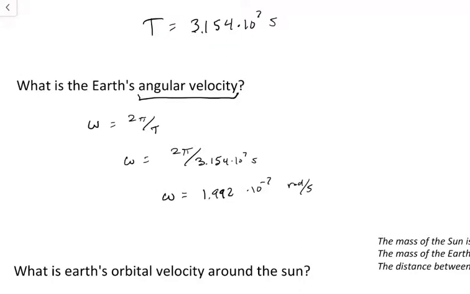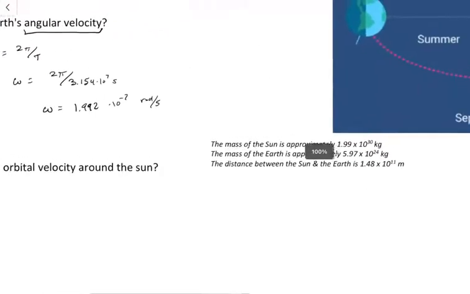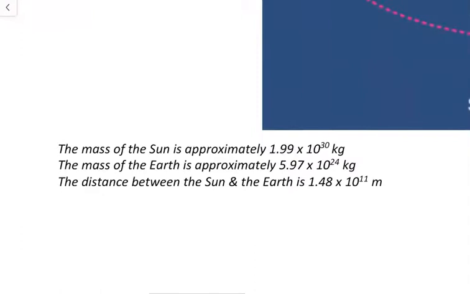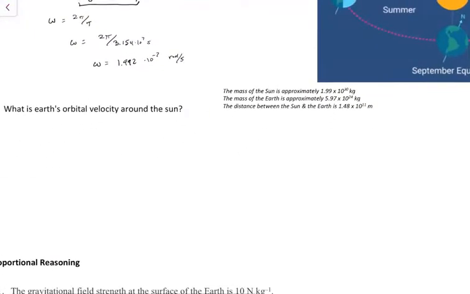That's a very, very small angle per second, which makes sense because it takes a full year to travel around the Sun. And then I'm going to keep on going and say, what is Earth's orbital velocity around the Sun? And I'm given the mass of the Sun, the mass of the Earth, and the distance between the Sun and the Earth, so between the center of the Sun and the center of the Earth. So we just came up with an orbital velocity equation where v orbital is equal to the square root of GM over r.